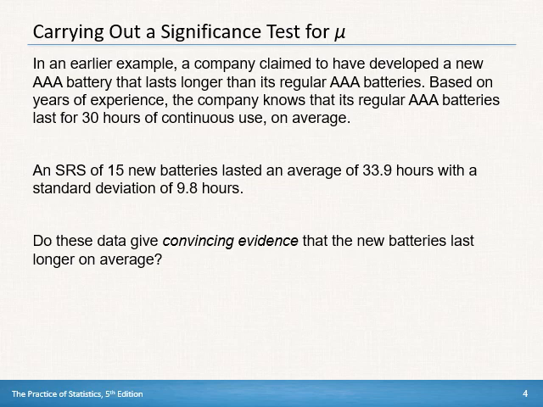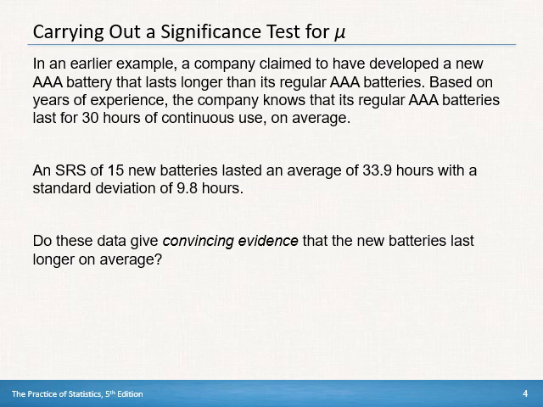So what we want to figure out is the probability that we would get a sample of size 15 that would last 33.9 hours or more. So is there convincing evidence that the new batteries actually last longer on average, or could that have happened just by chance?